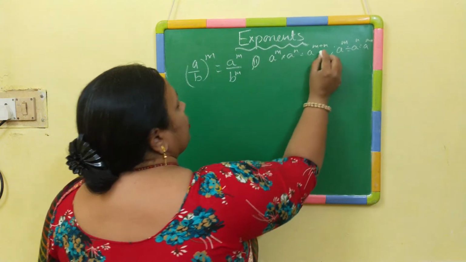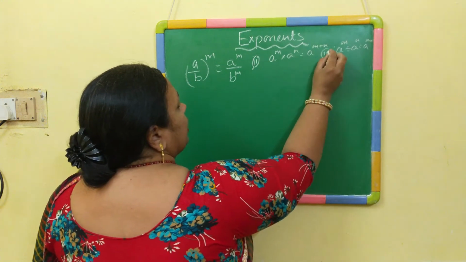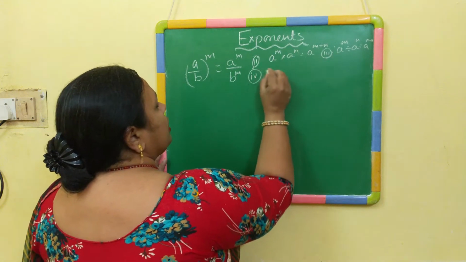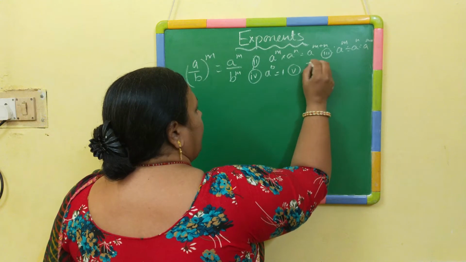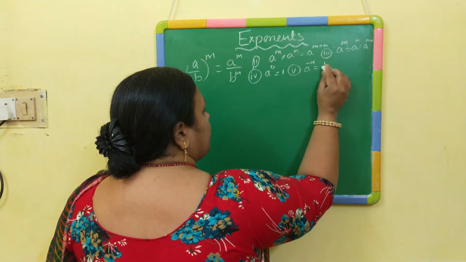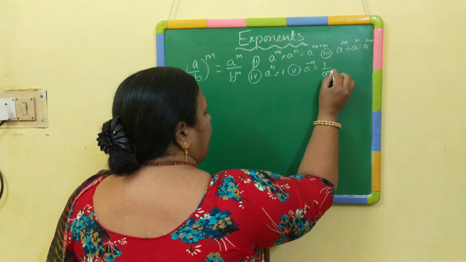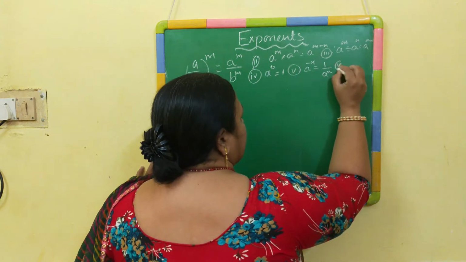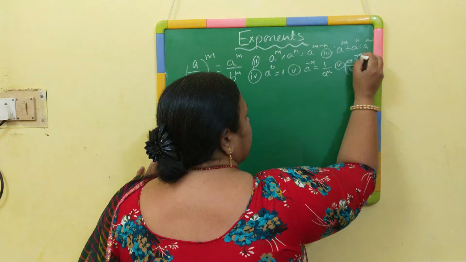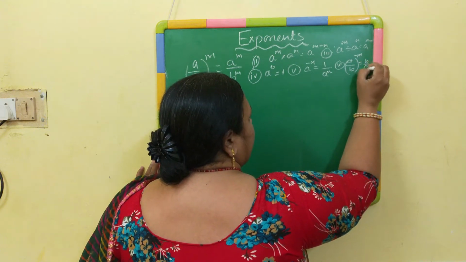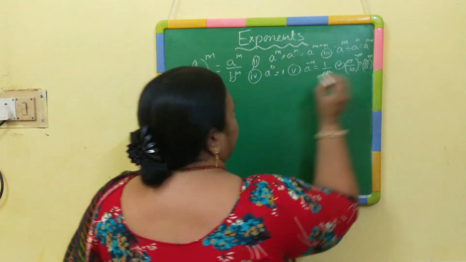The fourth one was a power 0 is equal to 1. The fifth one, a power minus n is equal to 1 by a power n. And sixth was (a/b) power minus m is equal to (b/a) power m.